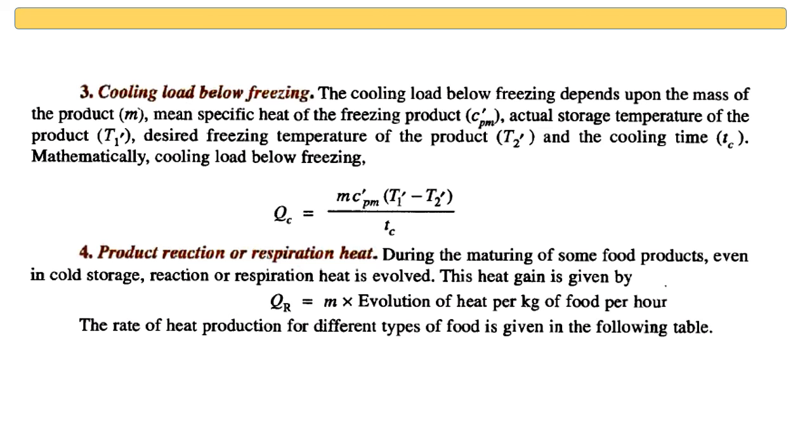Again, if any chemical reaction or aging of the food or any item is happening, it will radiate some heat. That heat is called reaction load or respiration heat load.